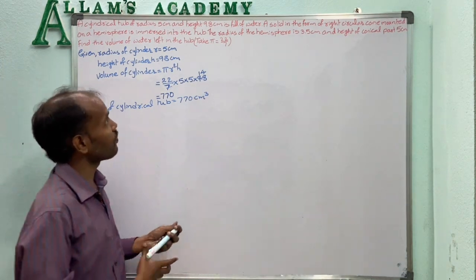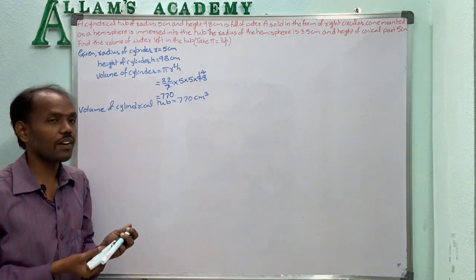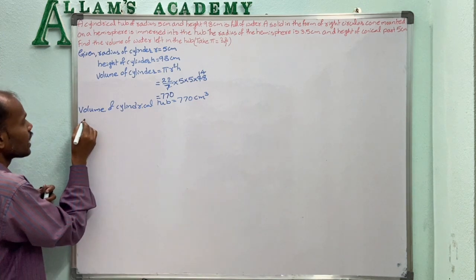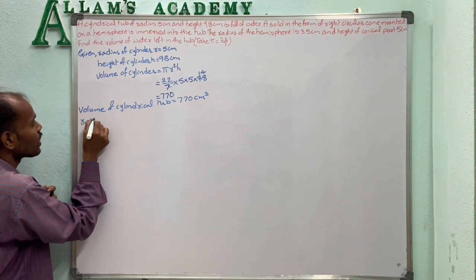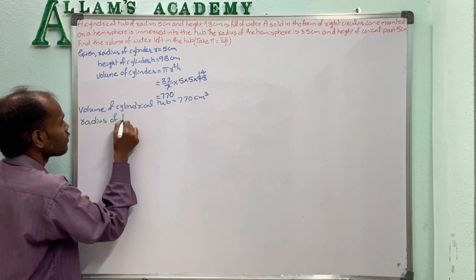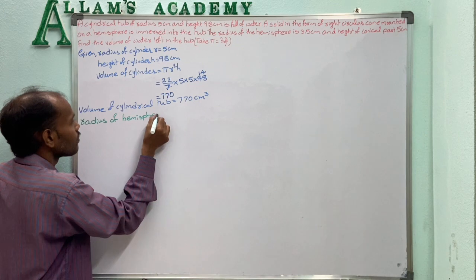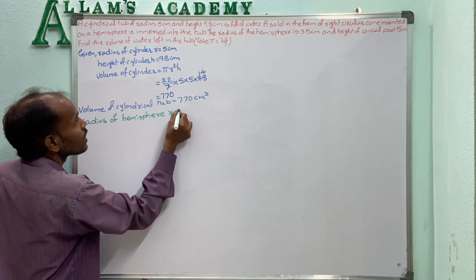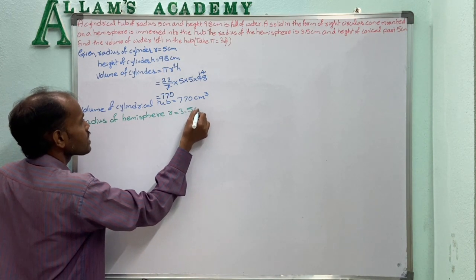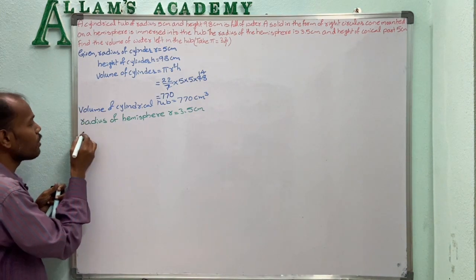Now we are finding the volume of hemisphere, for that purpose writing the given. Given radius of hemisphere is 3.5 centimeters. Now finding the volume of hemisphere.